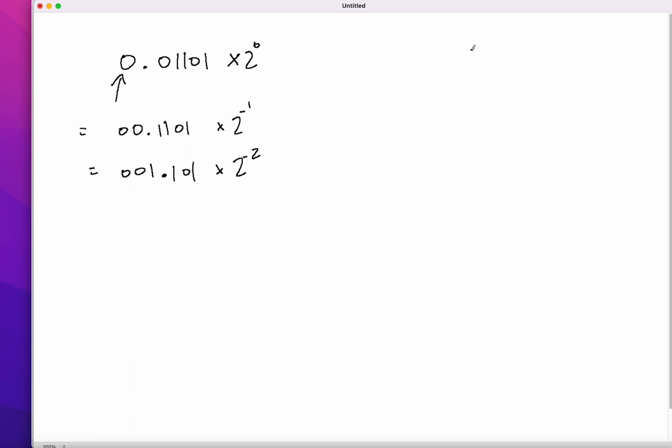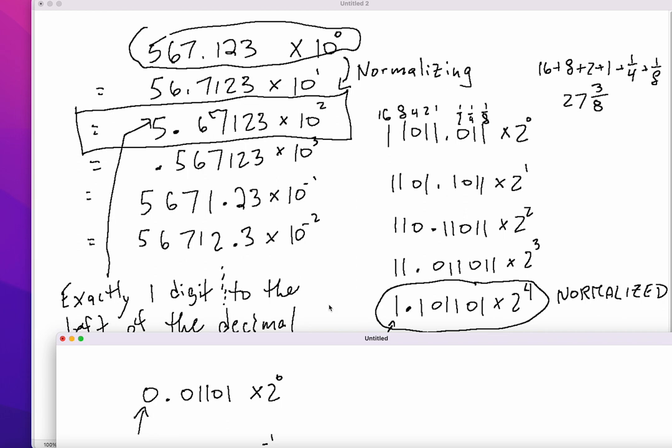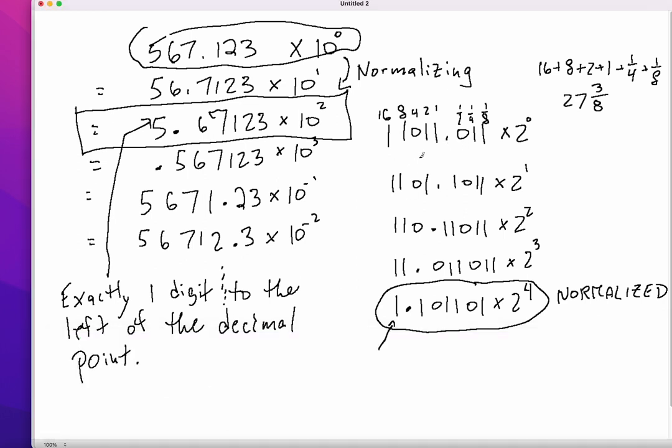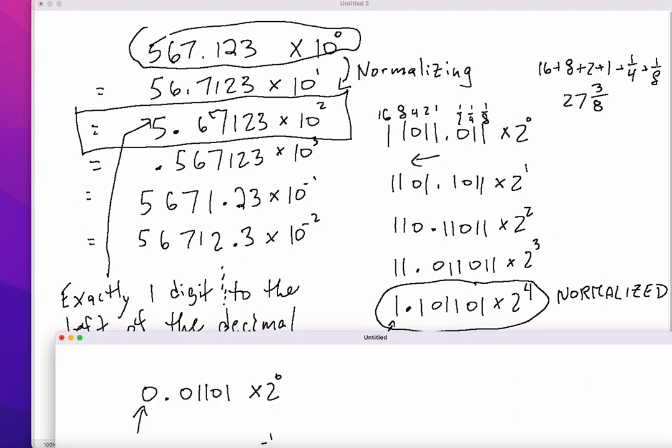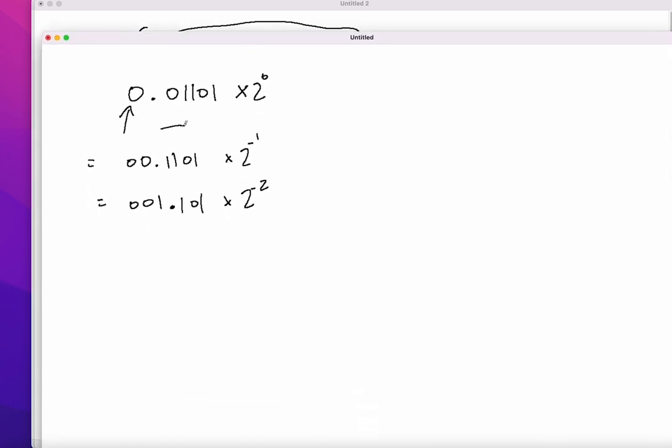So we can see over here that if we move the decimal point to the left, the numbers go into the positive territory. We saw that on the last number. As the decimal point went this way, these numbers got bigger. On the other hand, as the decimal point goes to the right, we go into negative territory.